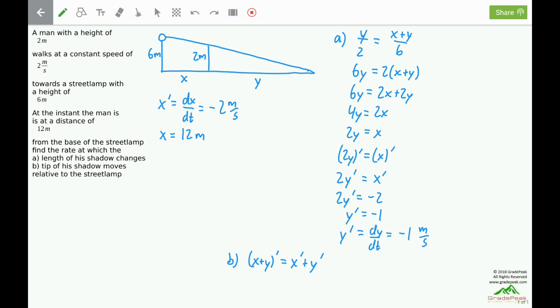And therefore, it's just the summation of x prime plus y prime, which comes out to negative 2 minus 1, or negative 3. And therefore, x plus y prime is negative 3 in units of length, meters, over time, seconds. There's the rate at which the tip of his shadow moves relative to the street lamp.